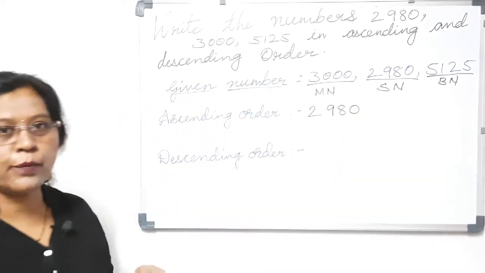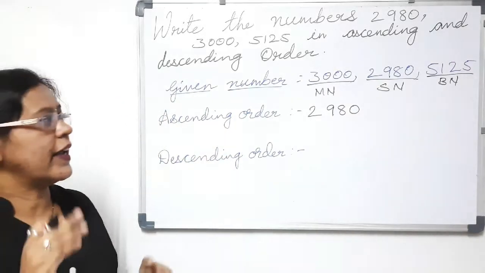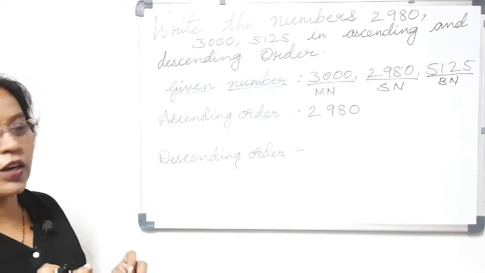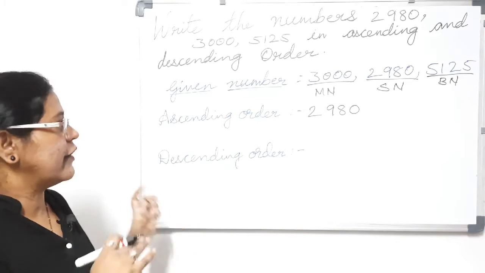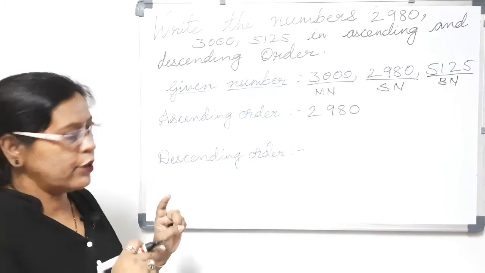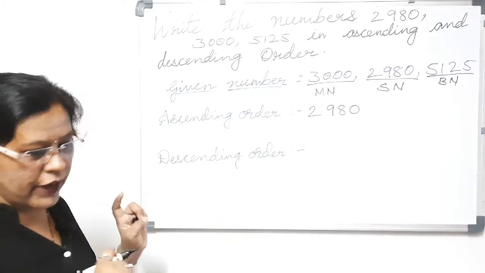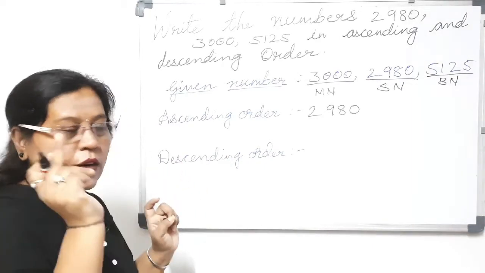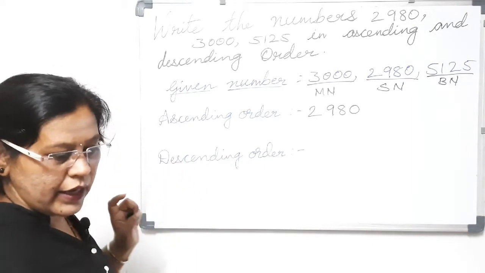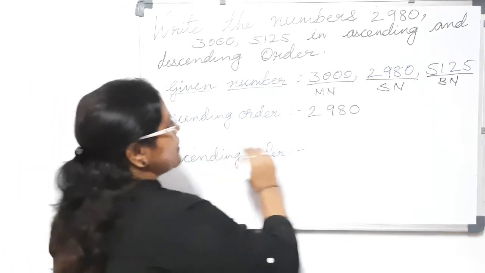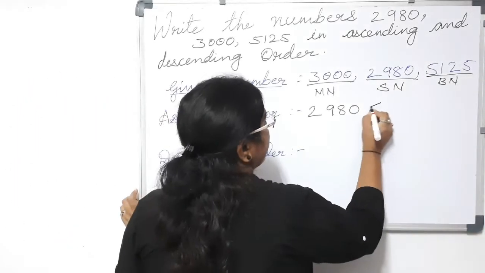That is 2980, and what you have to do is put the signs. That is the smaller and the greater sign, and you have to make the ascending order. So I told you, the signs you have to put. It said to write down in an ascending and descending order by putting the sign. So ascending order, 2980 is what?